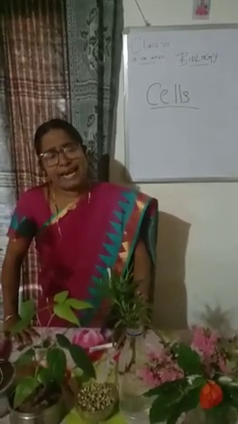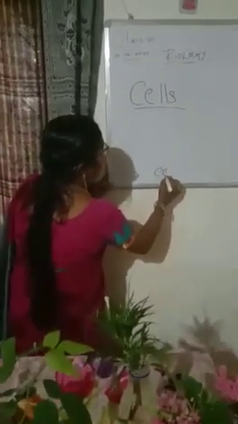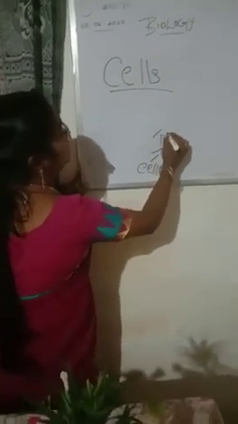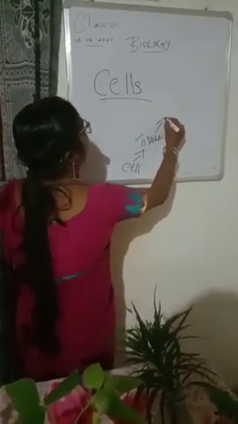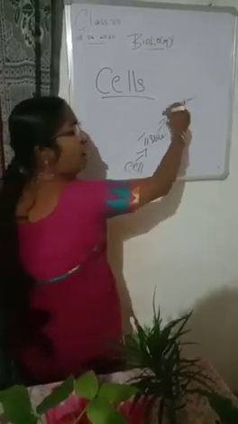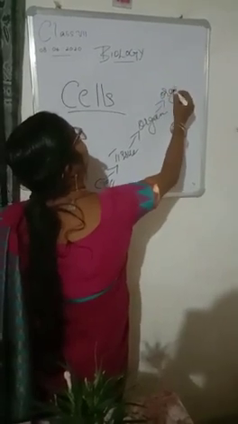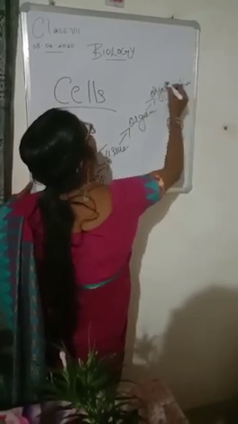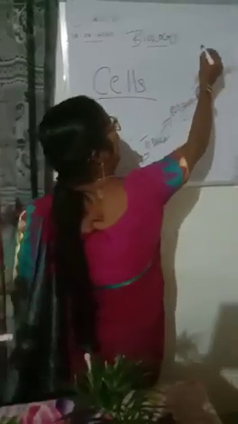All living things arise from a single cell. And that single cell gives rise to tissues, and tissues give rise to organs. Many organs together form organ systems, and organ systems assemble together to form an organism.